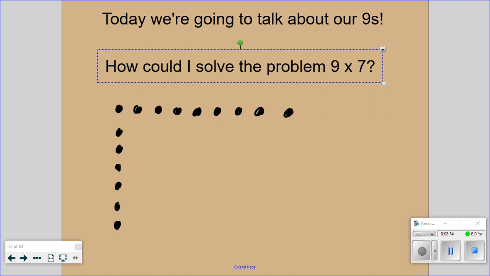Are there any other strategies I know? How would I solve this? 9 times 7. I'm not going to draw one since we've got a fast array, but sure, we could count all those dots. Does anyone have another idea, Will? A dealing out strategy? What would you deal out?